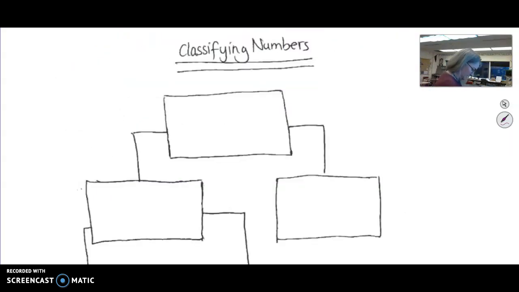All right, so next we're going to classify numbers. We have spent a lot of time working with real numbers throughout your life, but real numbers are actually a subset of the complex numbers. So this is like the big overarching set of numbers.